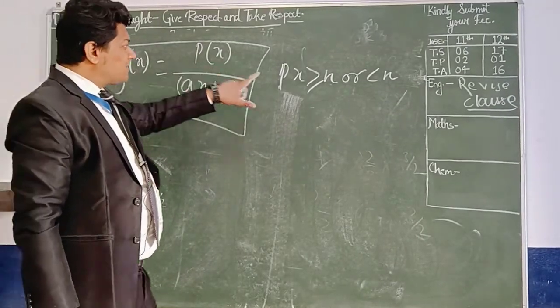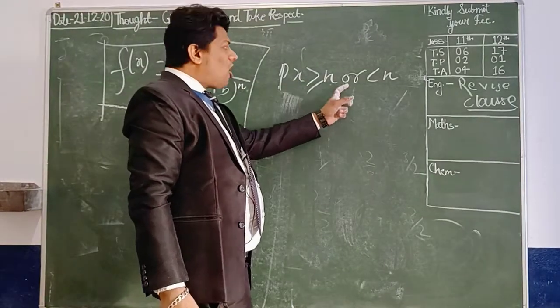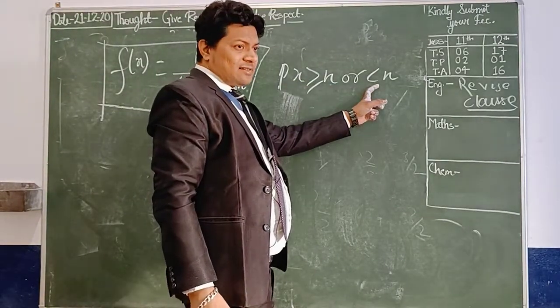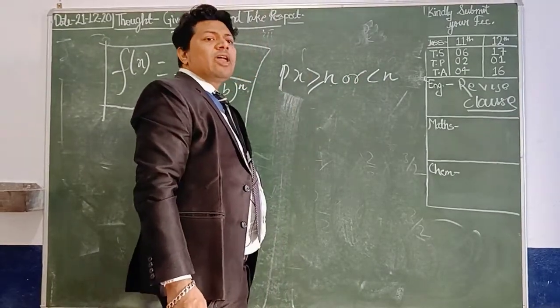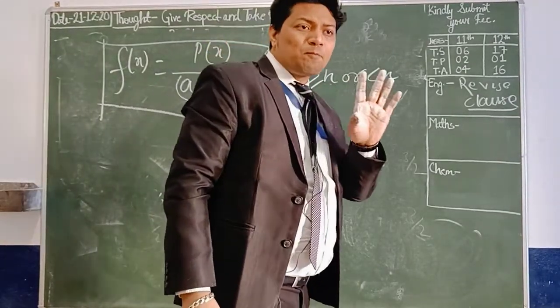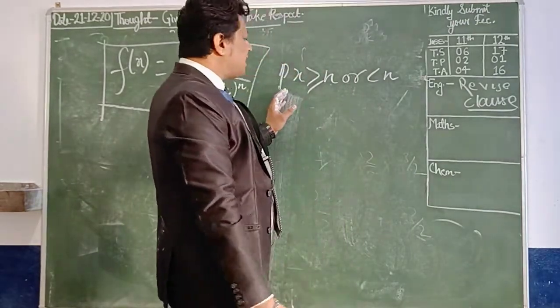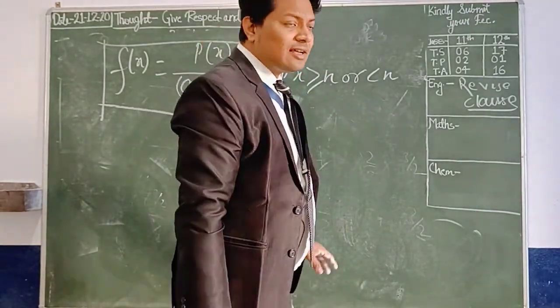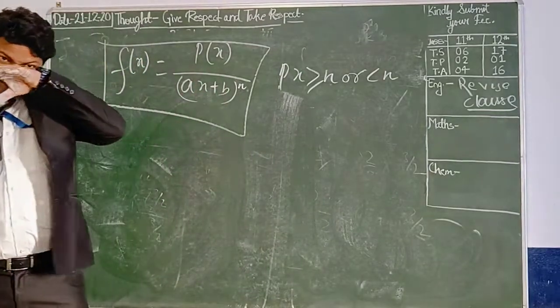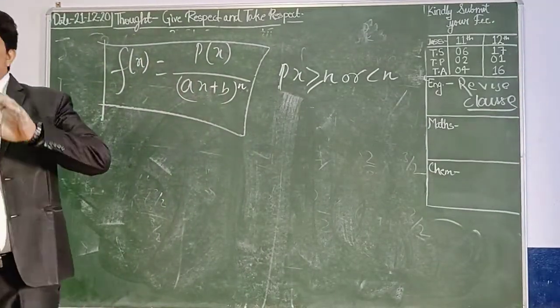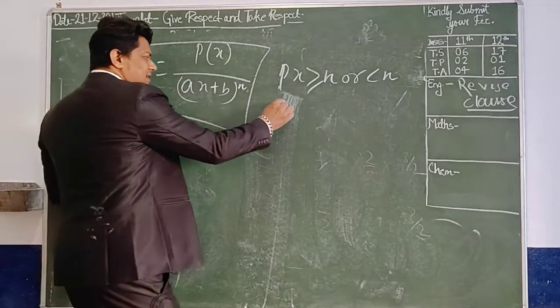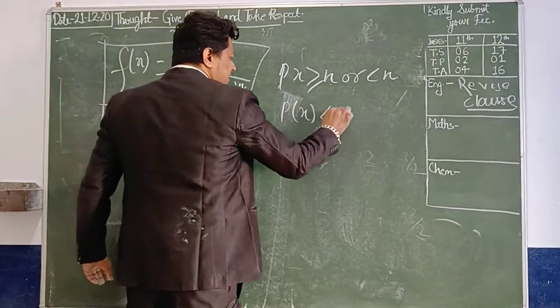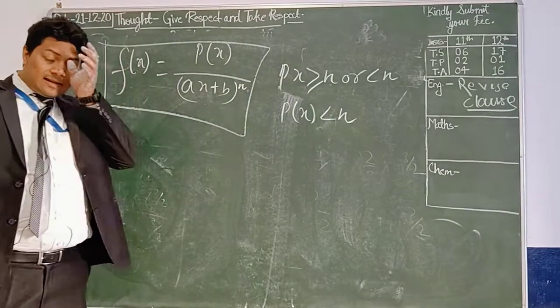If the degree of p(x) is greater than or equal to n, or less than n, you have to first check this thing: whether the degree of p(x) is greater or less than the power n. Clear? If you are getting the degree of p(x) less than n, is it clear?